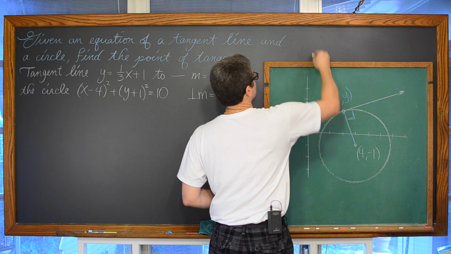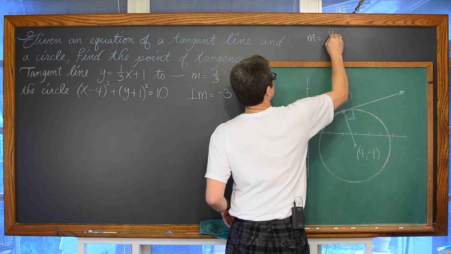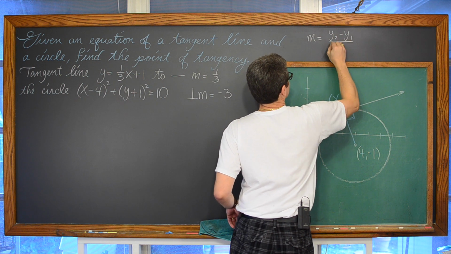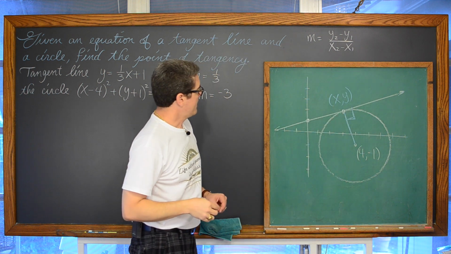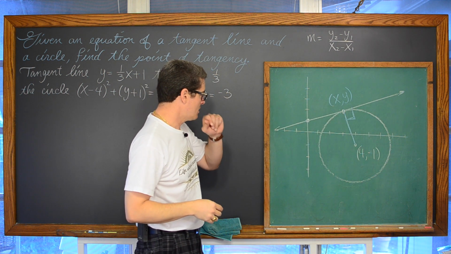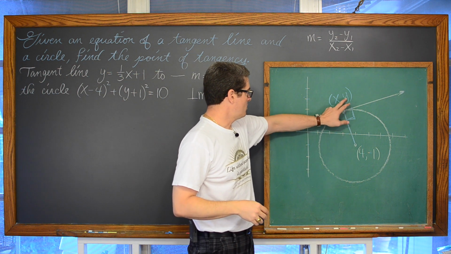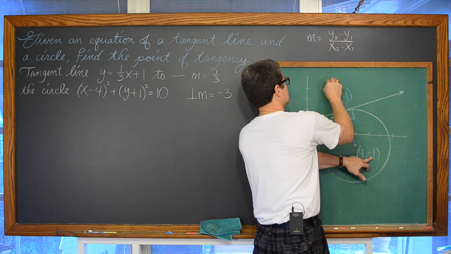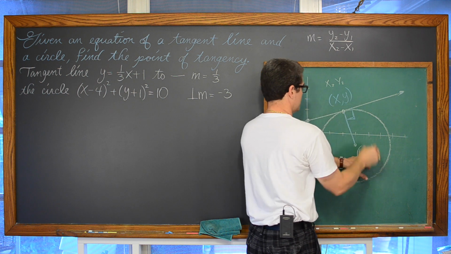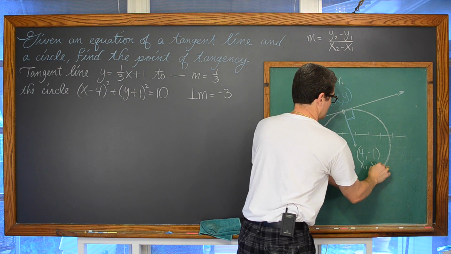So the slope formula is y sub 2 minus y sub 1 over x sub 2 minus x sub 1. And that means that we've got y minus, let's call this the second point, and let's call this the first point.